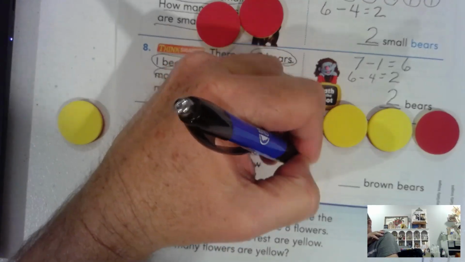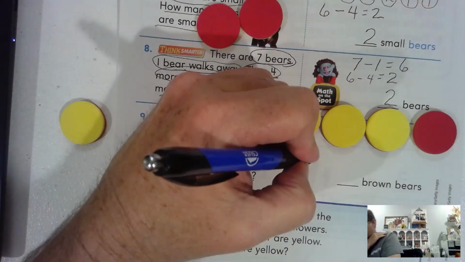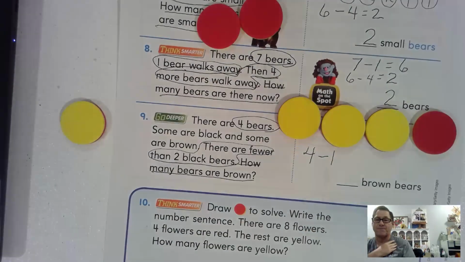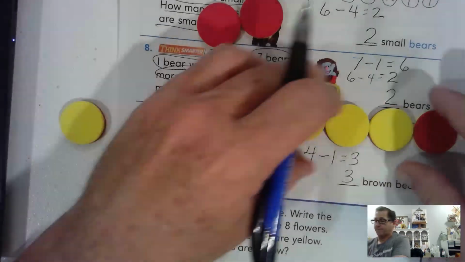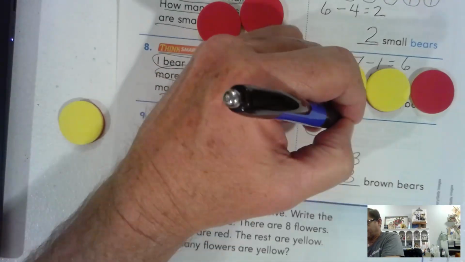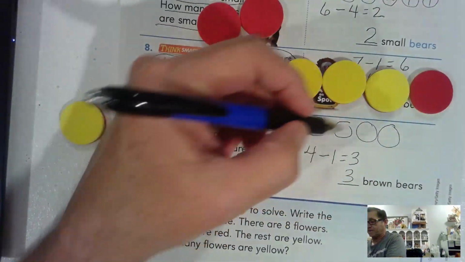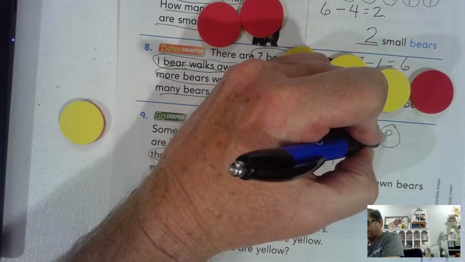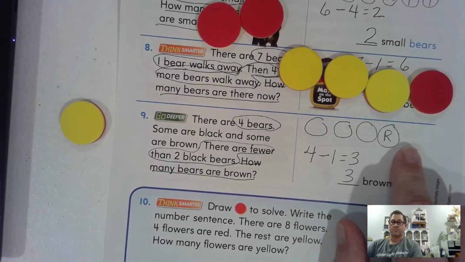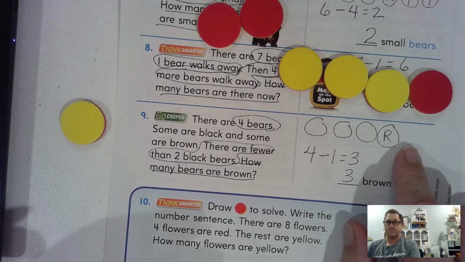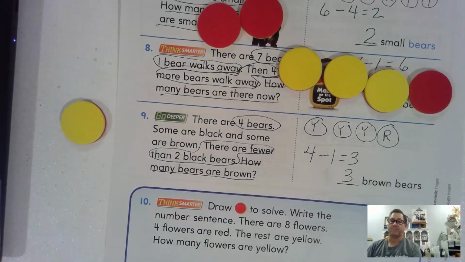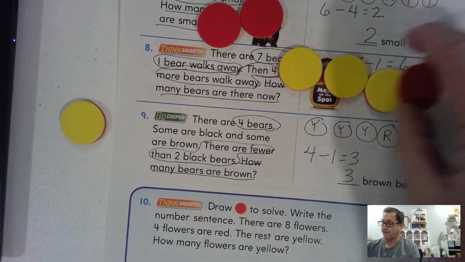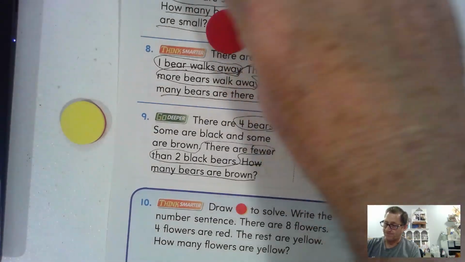And so that would be 4 minus the 1 black bear equals how many? 3. Okay, and so we can draw that picture. And I had 1 that was red representing the black bear, and the other 3 represented the brown bears.